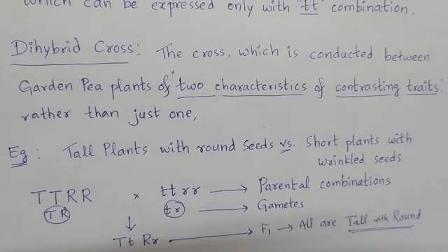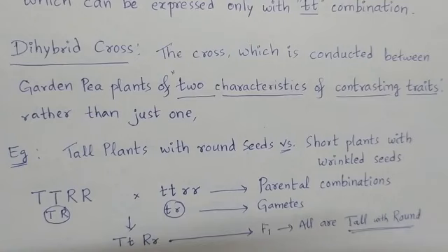Tallness, it is for the character height. Round seeds, it is for seed shape. Short plants with wrinkled seeds. Shortness, it is for the character height. Wrinkled seeds, it is for the character seed shape. So in both plants, which two characters are taken into consideration? Character height and character seed shape. So two characters are taken into consideration. So it is a dihybrid cross.